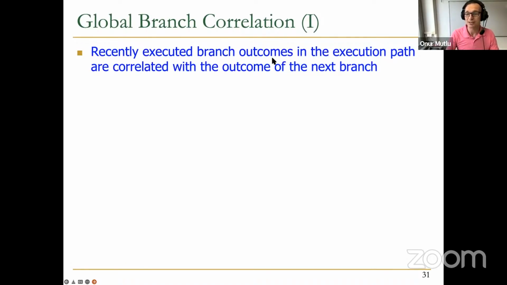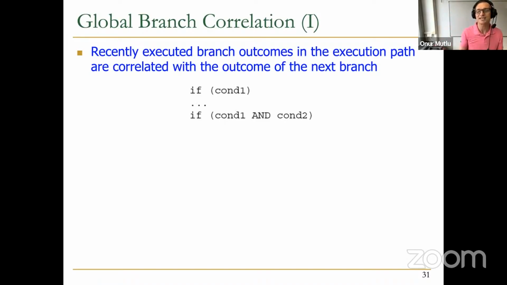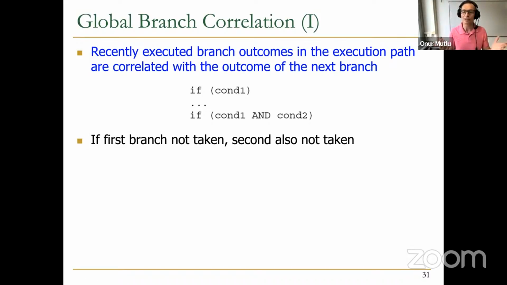Recently executed branch outcomes in the execution path are correlated with the outcome of the next branch. And this is best understood by looking at code like this. Probably you've written code like this. The first branch tests condition 1, the second branch tests condition 1 and condition 2. Just by looking at the semantic relationship of the predicates of the branches, you can say there's some correlation here, right?